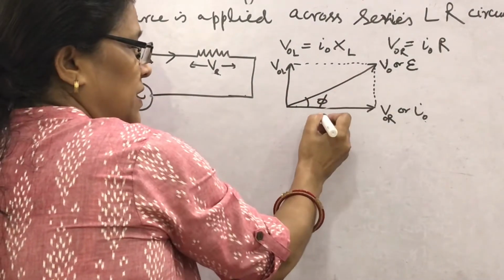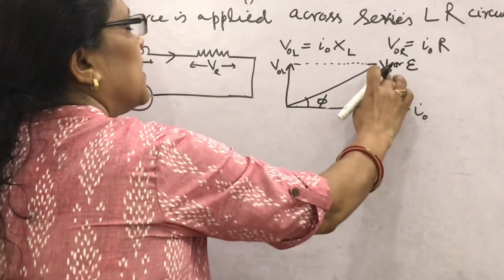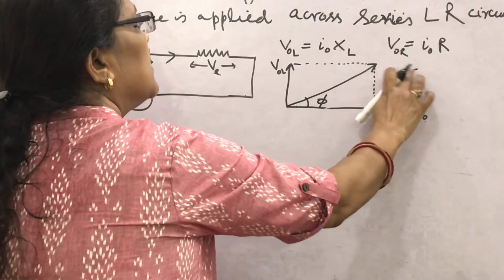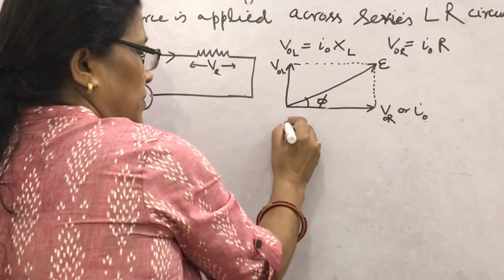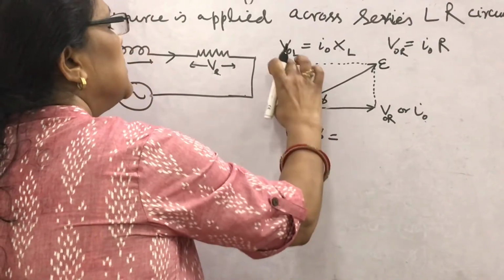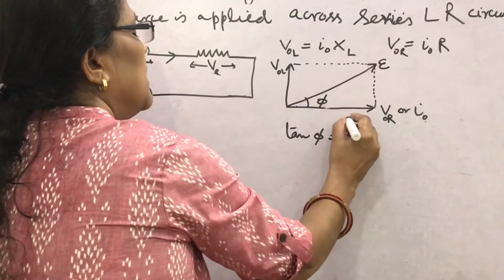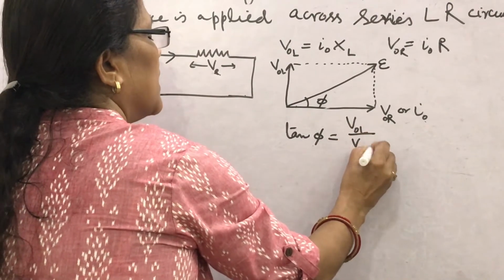If this V naught L is represented here, and I am representing the combined voltage by E, then what can you write? This tan phi can be written as V naught L upon V naught R.